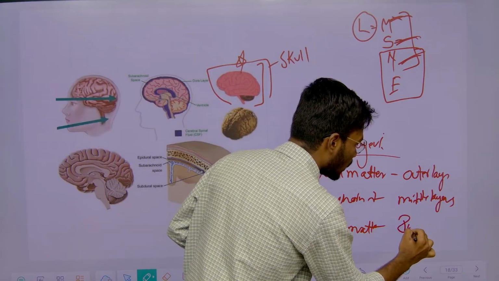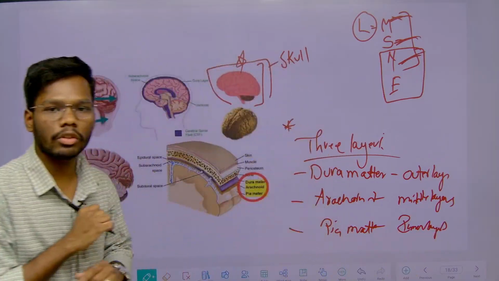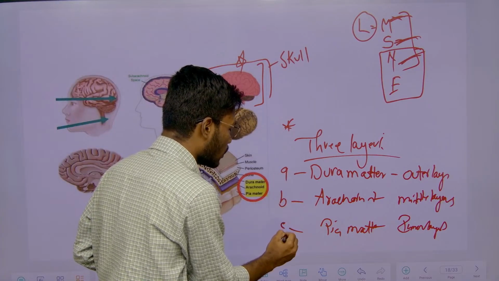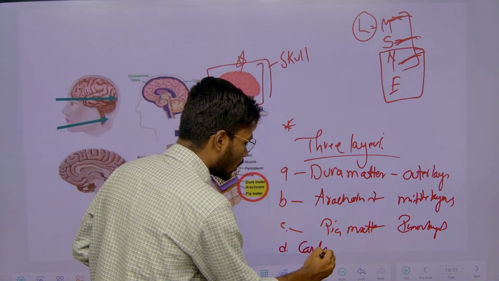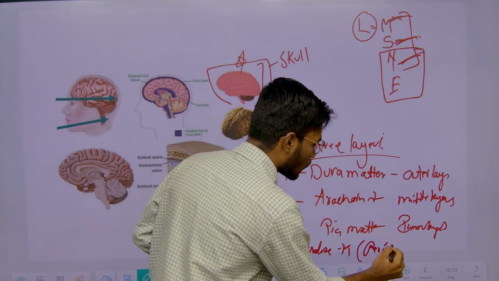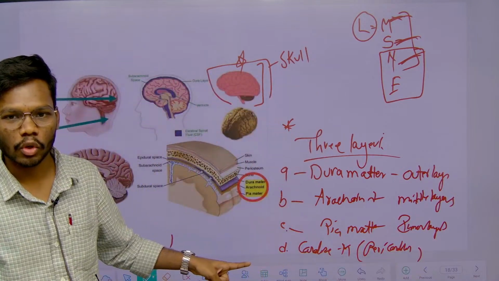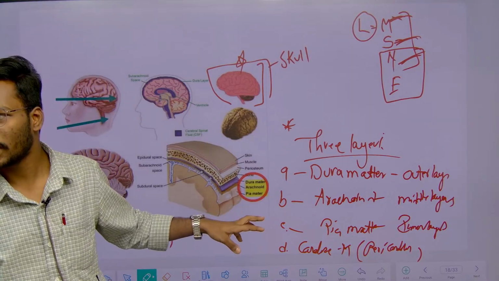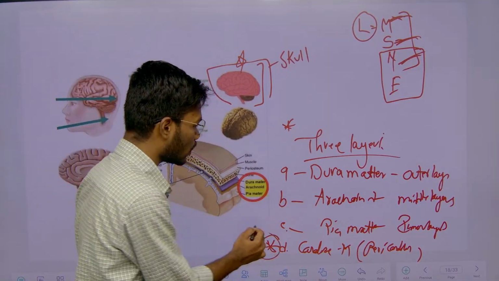This is the inner layer. This was a previous year question of NEET. In one question they gave four options: A, B, C and D. In D, they gave the cardiac layer, which is called the pericardium. They asked which of the following is not involved in the brain covering, right?